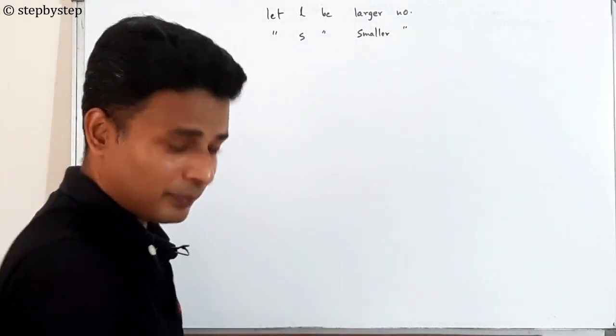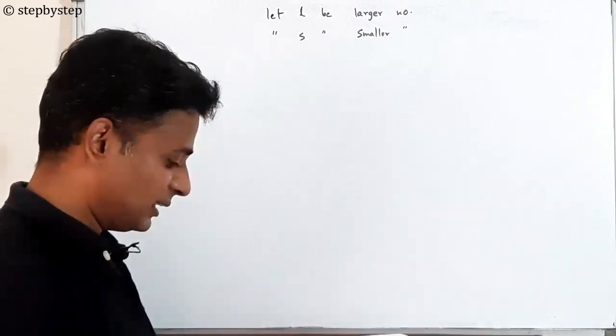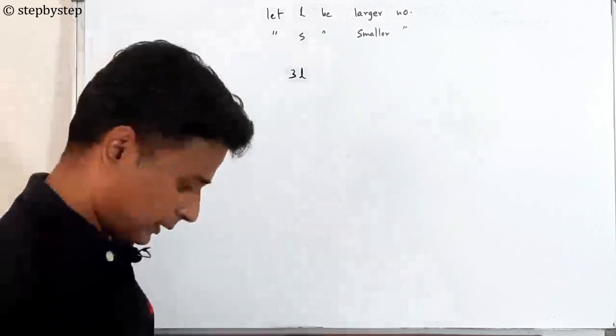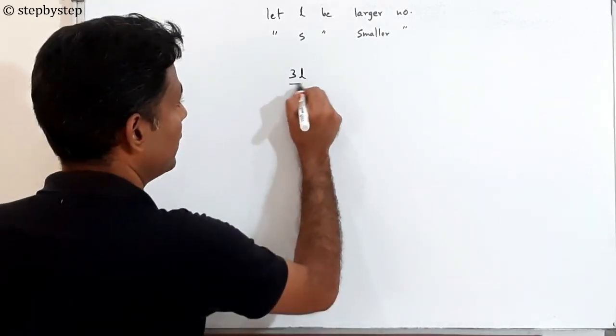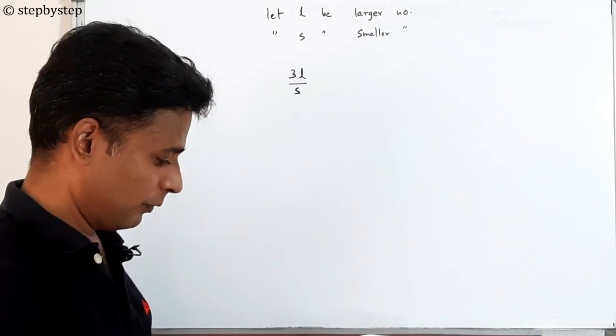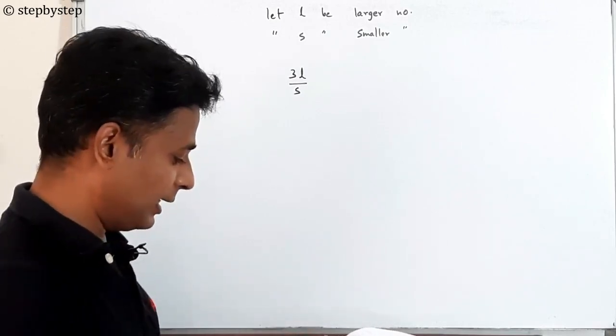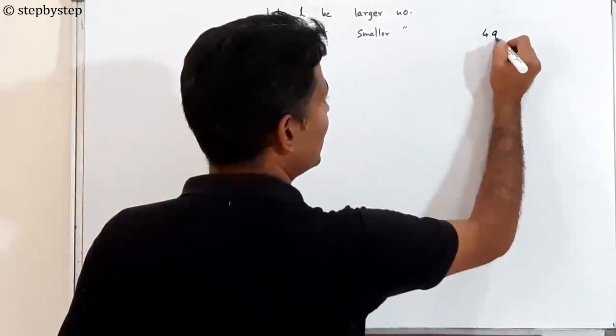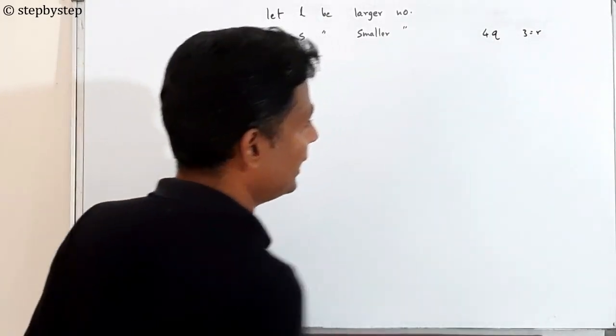Alright. Now, if 3 times the larger of two numbers is divided by the smaller one, we get 4 as quotient and 3 as remainder, right?